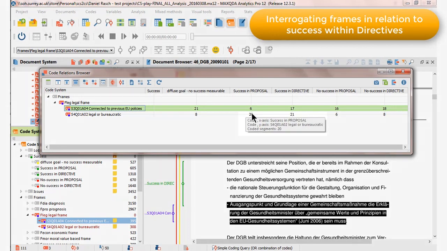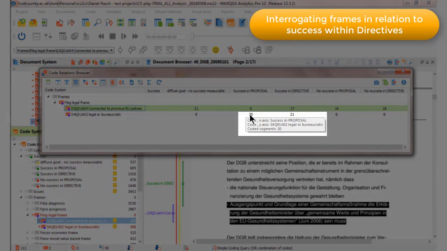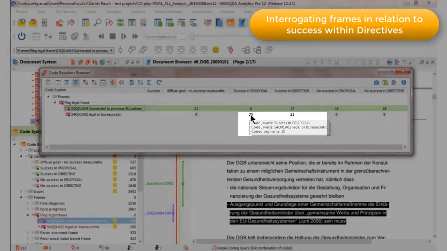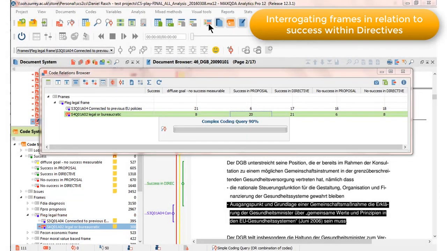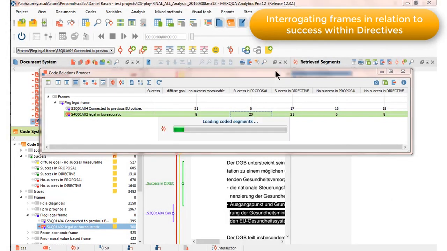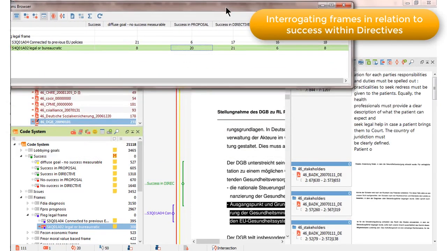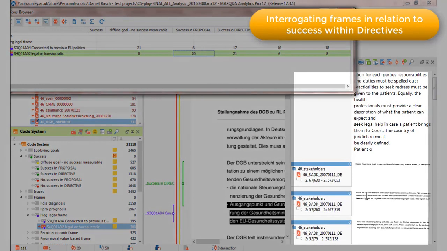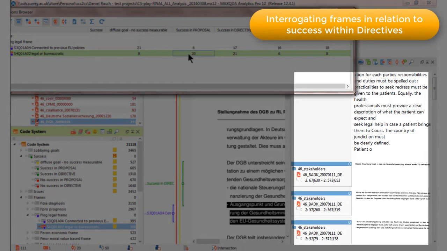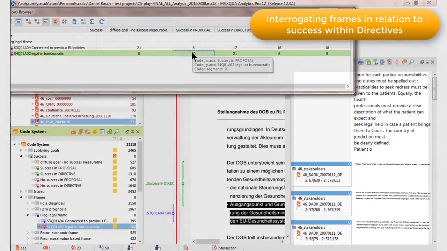We can see here the number of coded segments for each intersection, and when we double click on those, if we have our Retrieve Segments window open, then MAXQDA will in the background show us all of the segments of data where the two codes that I asked for co-occur. And in that way, Daniel is able to harness codes in order to answer his task.